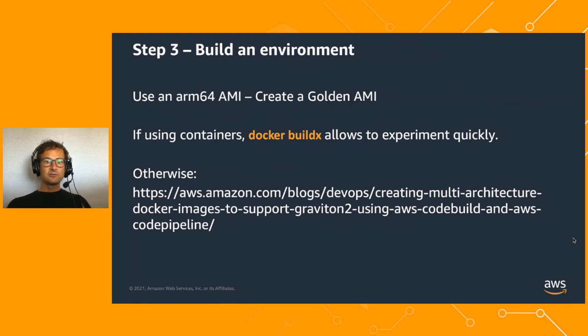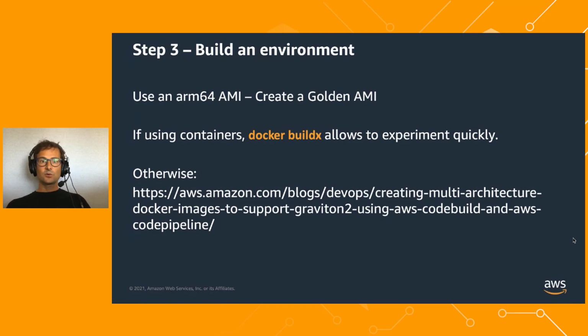Once you have the full list of your dependencies and you know where you are, you can start building an environment where you will be able to experiment with porting your application. One of the things you can do is start with an ARM64 AMI and deploy an EC2 instance with that AMI, with the distribution of your choice.